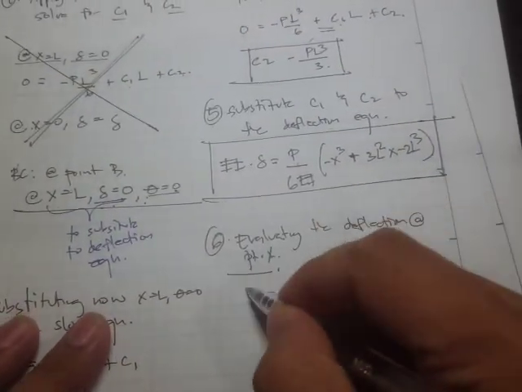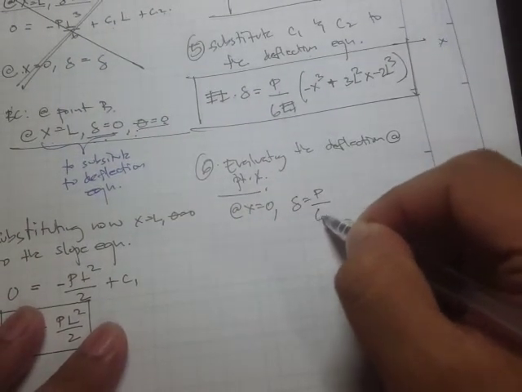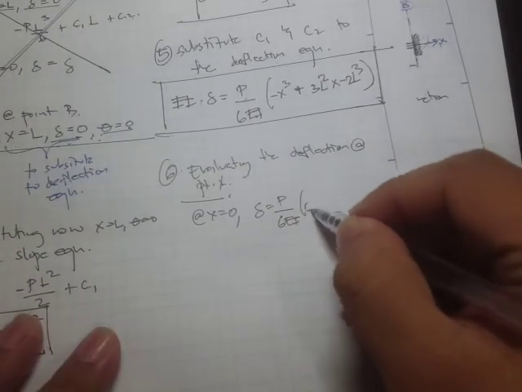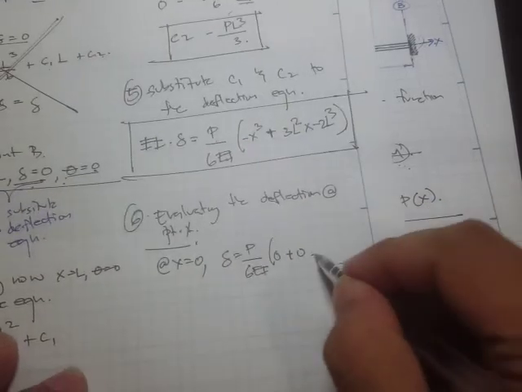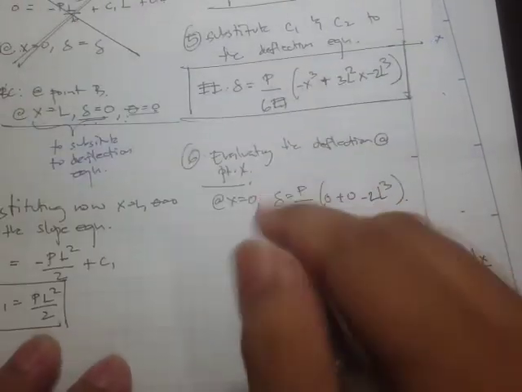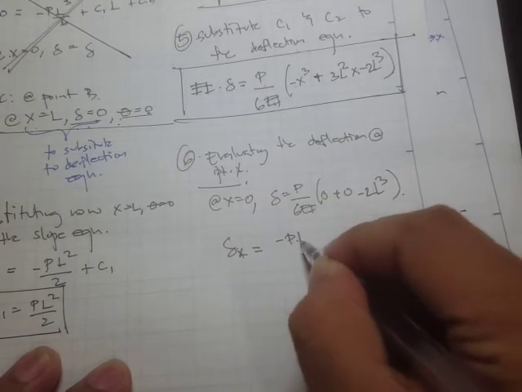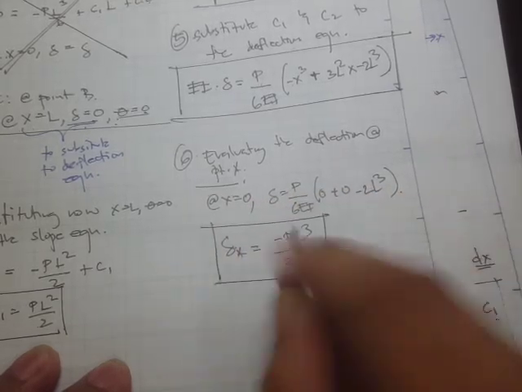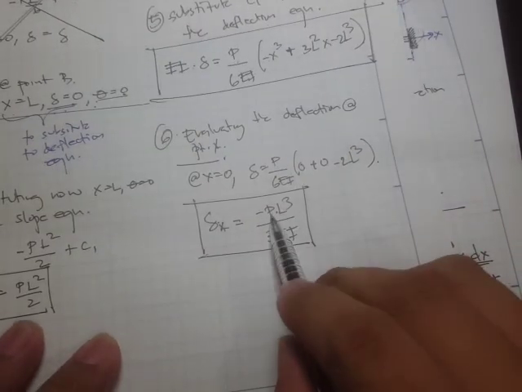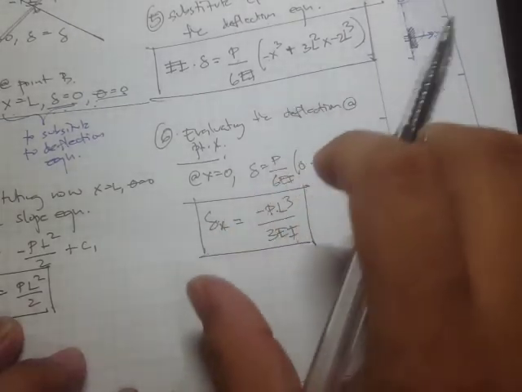At x equal to 0, the deflection is equal to P all over 6EI, so 0 plus 0 minus 2L cubed, and therefore the deflection at A is equal to negative P L cubed all over 3EI. If we have the magnitude of P, the length, and EI, then we can solve for the specific value.